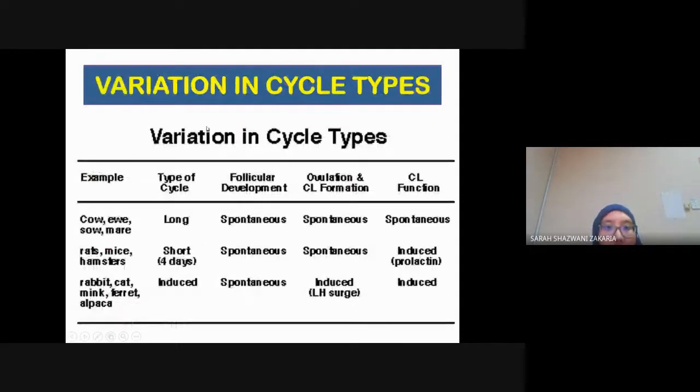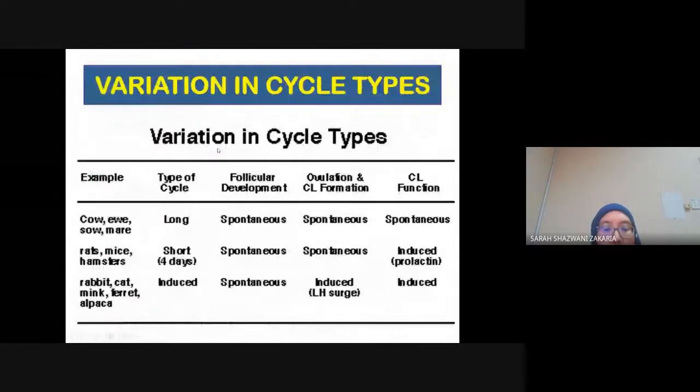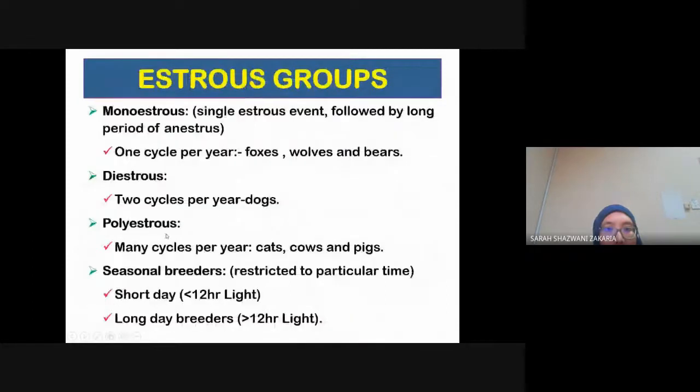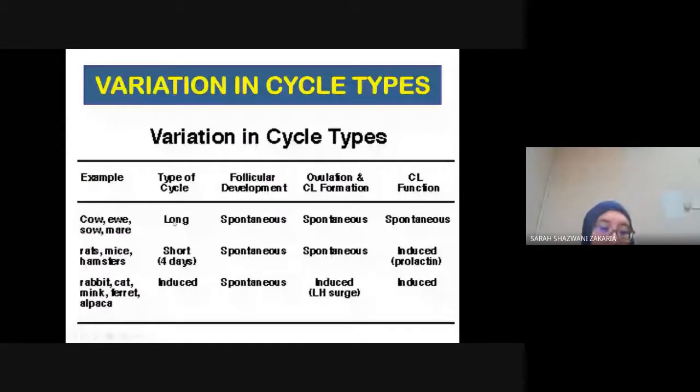This is the variation in cycle types. Just now we had polyestrous, diestrous, monoestrous, and then we reflect back to this estrous group, the cycle, in terms of follicular development, whether it's long or short. Seasonal breeders have long day or short day.